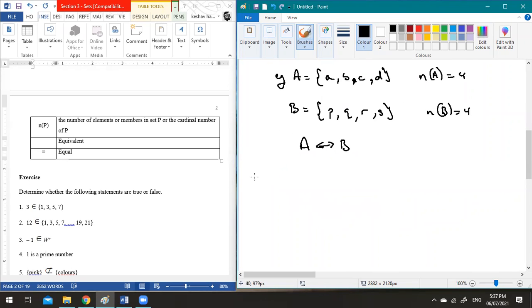Now, equal sets, this would be number 11, I believe. Equal sets are sets that are equal in all form and format.